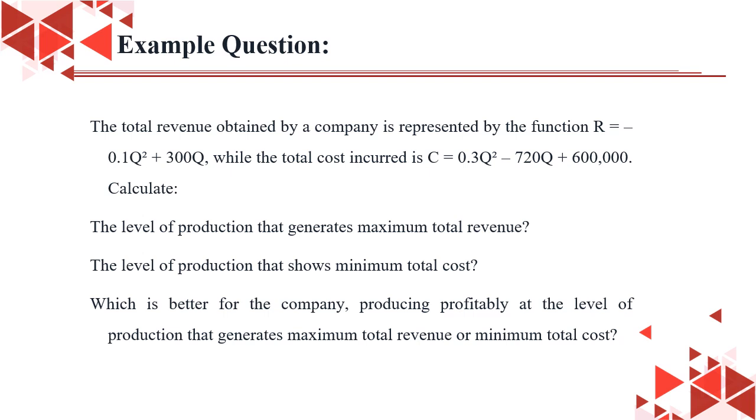Calculate the level of production that generates maximum total revenue. So this is A. B, the level of production that shows minimum total cost. C, which is better for the company, producing profitability at the level of production that generates maximum total revenue or minimum total cost.